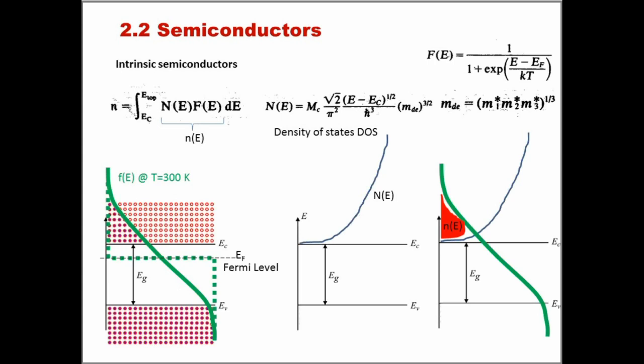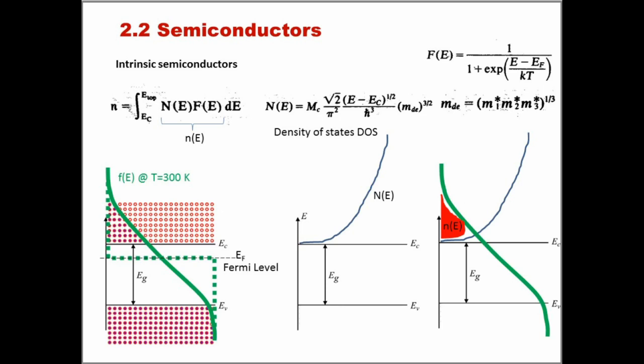Okay, from this point on, I've created these slides where, just to have everything in one place, I've put all the relevant formulas that concern the case of intrinsic and extrinsic semiconductors, and allow us to see how these fundamental quantities can be calculated, starting from the concepts we've just gone through.